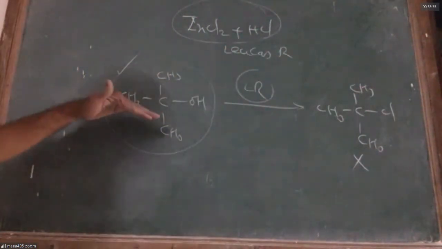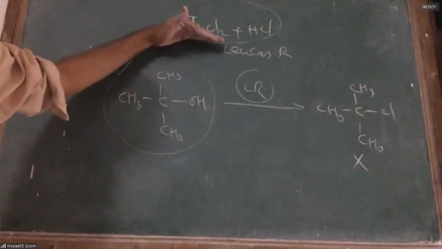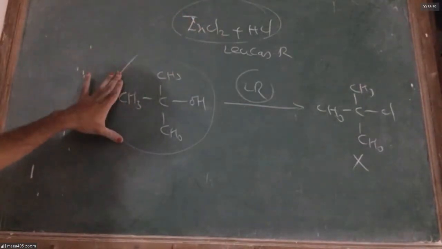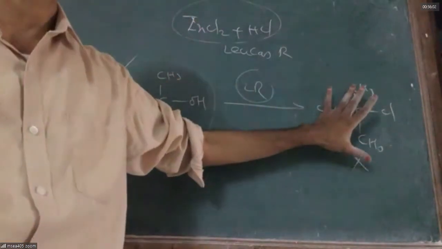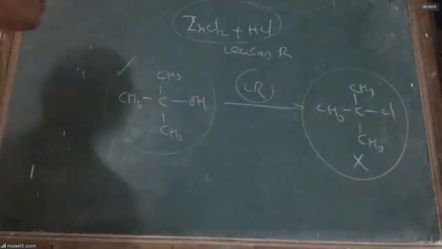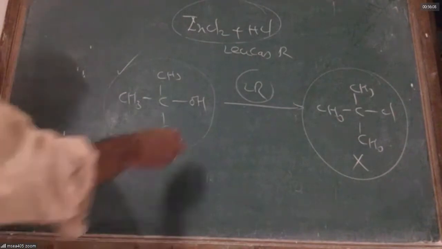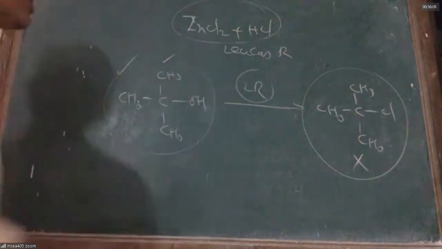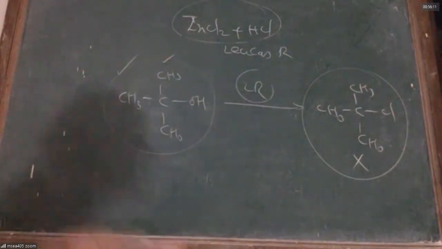So, the moment I add tertiary alcohol to Lucas reagent, the solution which is clear immediately becomes turbid, hazy, cloudy. It means alcohol immediately became alkyl halide. So, Lucas reagent reacts with the tertiary alcohols within no time.